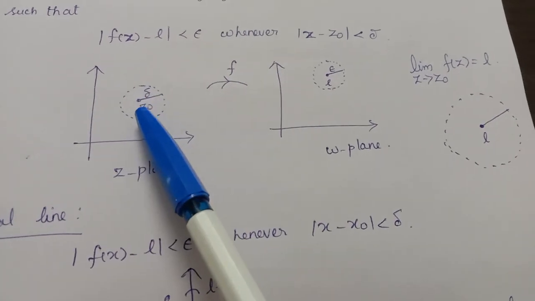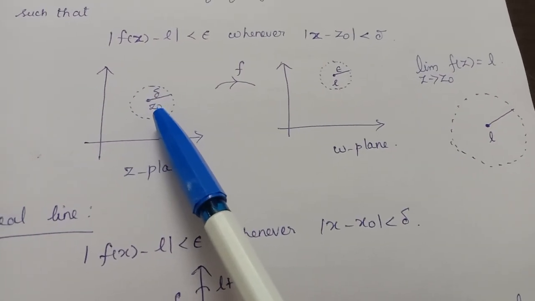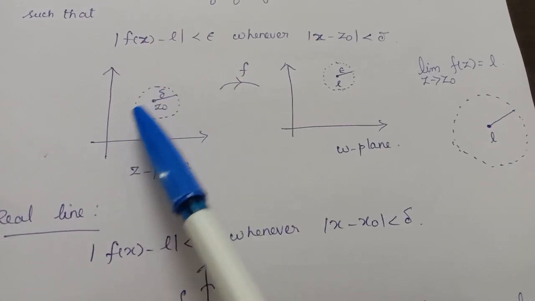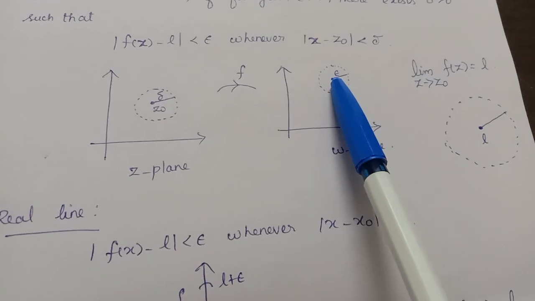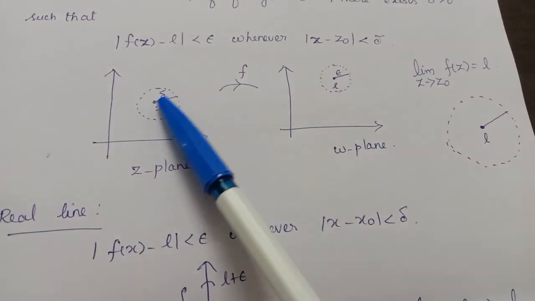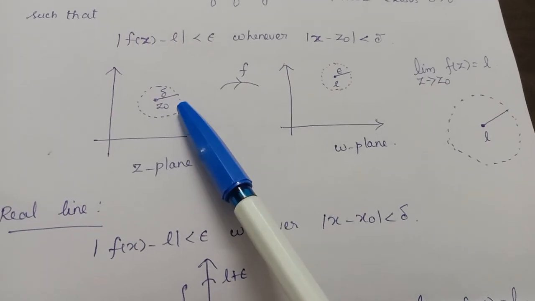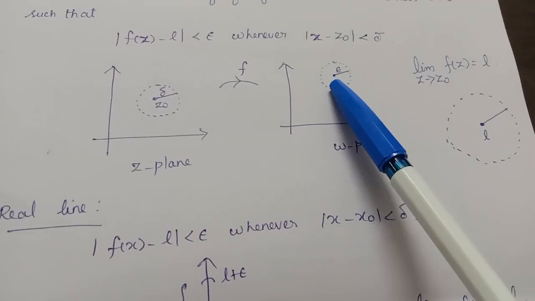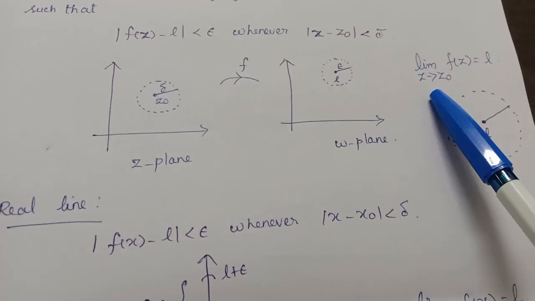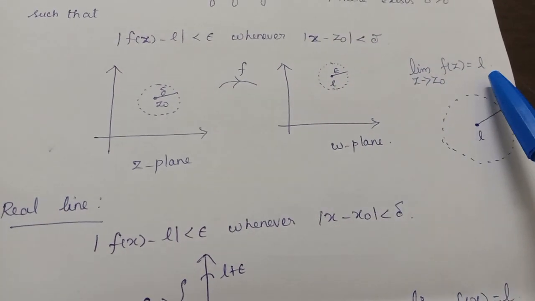Whenever we consider a small neighborhood of z0 of radius delta, find its image in the w plane, then if the images of all the points of this neighborhood completely lie within the neighborhood of this L, we say limit z tends to z naught f of z equal to L.